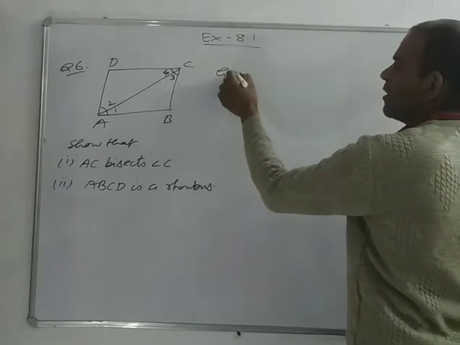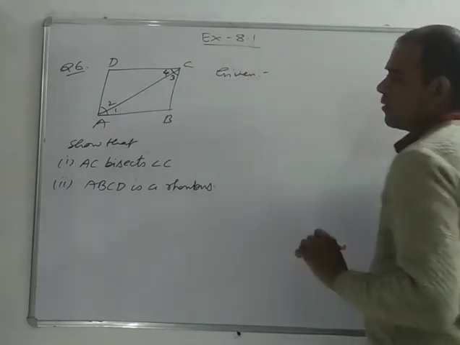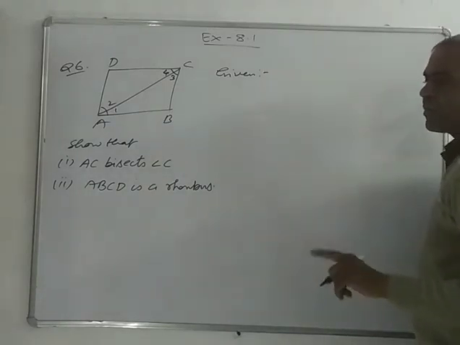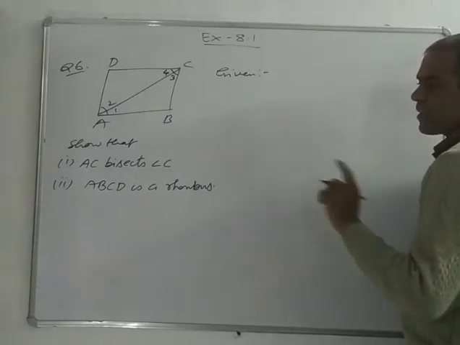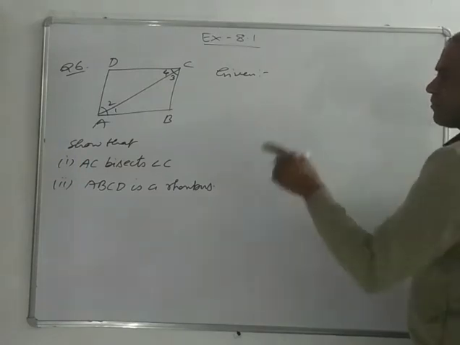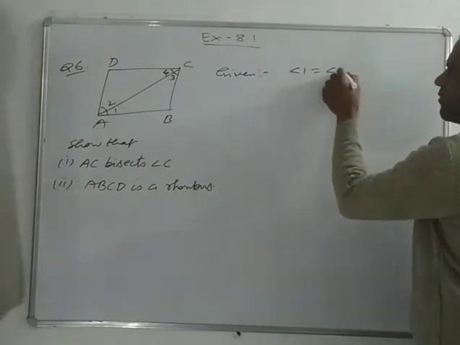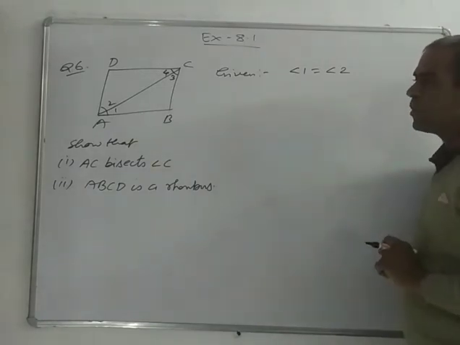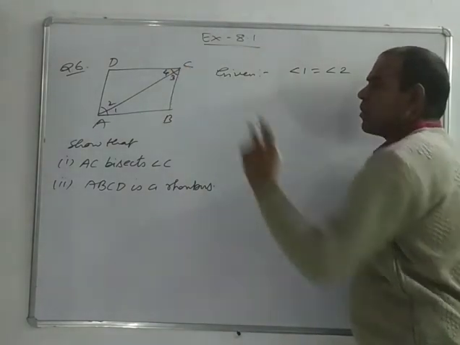So the given part is: diagonal AC of parallelogram ABCD bisects angle A. It is given, that is angle 1 equal to 2 is given and ABCD is a parallelogram. So angles 3 and 4 are equal.